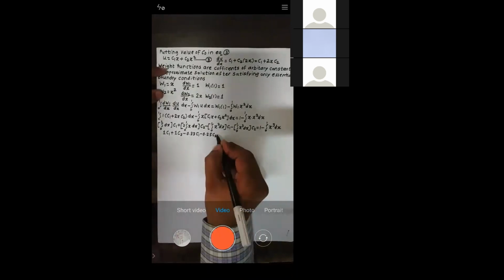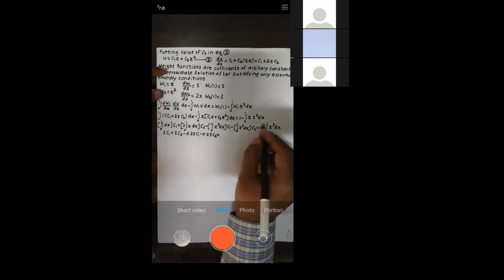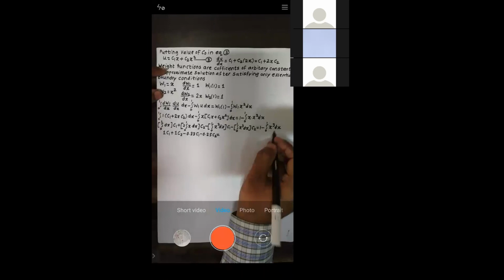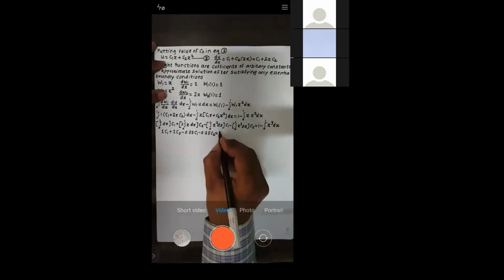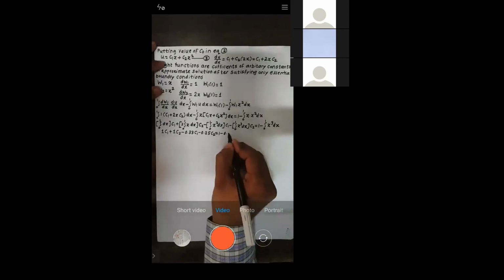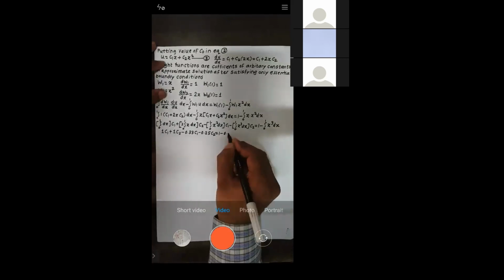Is equal to, tell me this value directly, 1 minus that value. 0.75. If you want, I will write down 1 minus 0.25. Yes, sir.